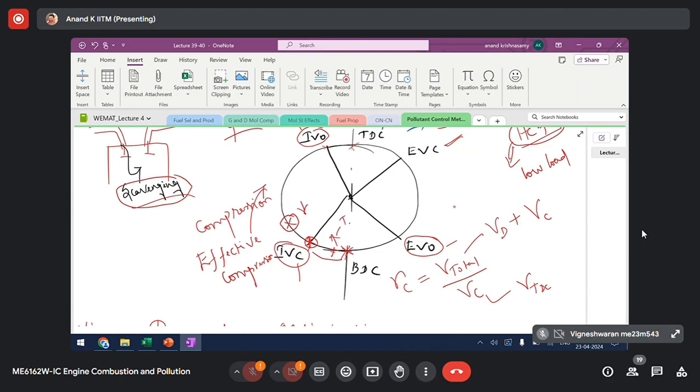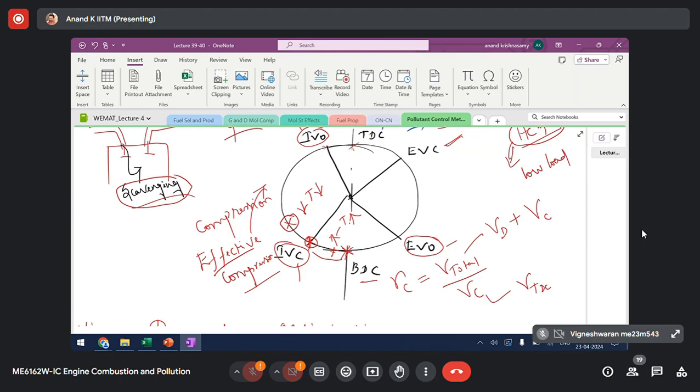Can I say that the temperature will be accordingly higher here and lower here? Yes, sir. So you are changing the in-cylinder pressure and temperature condition by varying the effective compression ratio. This is done by varying the intake valve closure time. Either you can advance it with respect to BDC or you can delay it. When you delay it, the temperature is going to be less because there is less compression.